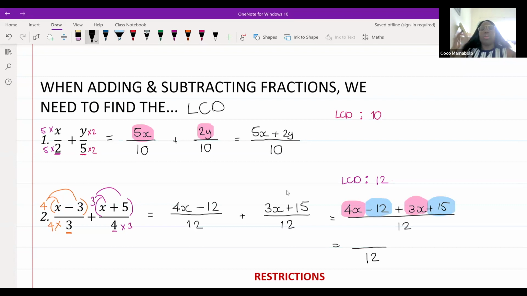So 4x plus 3x gives us 7x. And then negative 12 plus 15 will give us how much? Positive or negative 3? Positive. That's it. Negative 12 plus 15. 15 is the bigger number and it's positive. So we must get plus 3.